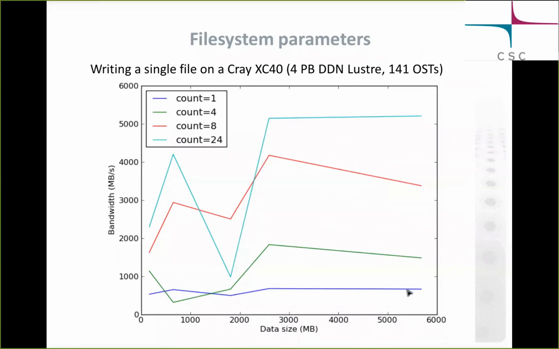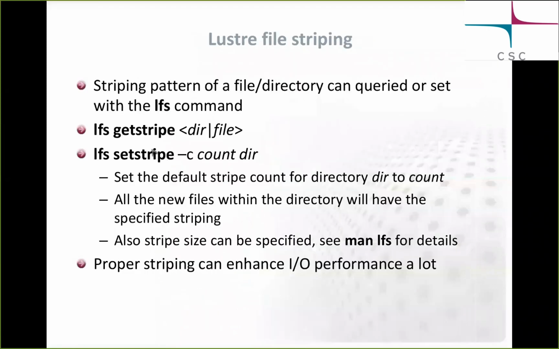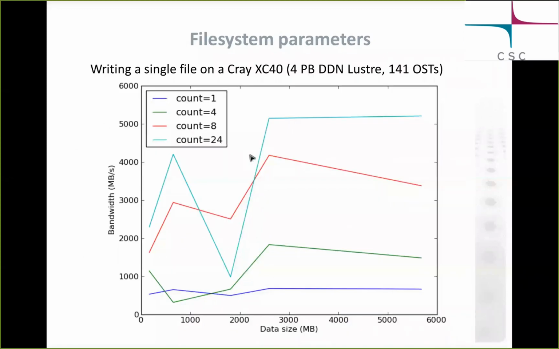But just by putting one Unix command, LFS setstripe -c 4, and the name of the directory I'm writing to, the performance with large enough file sizes may be more than a factor of 2 faster.